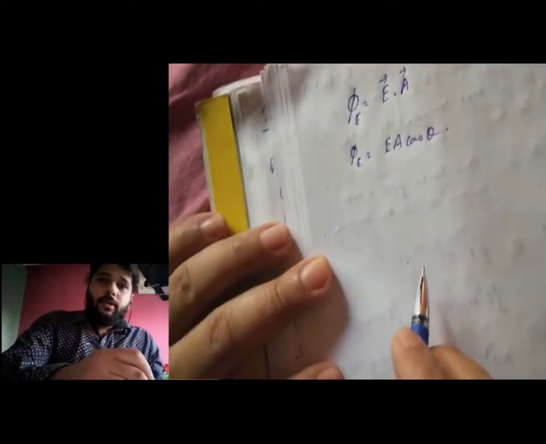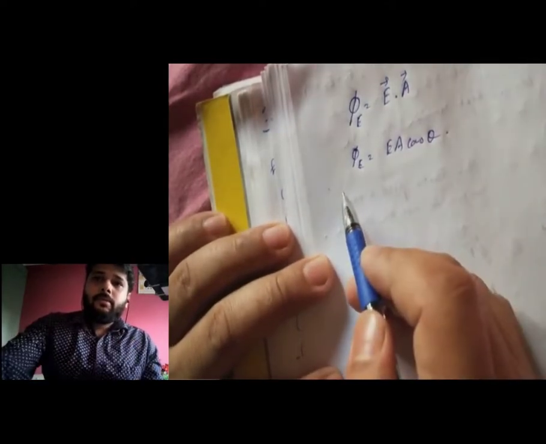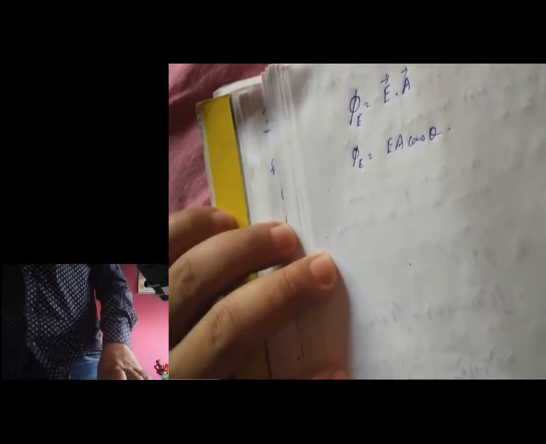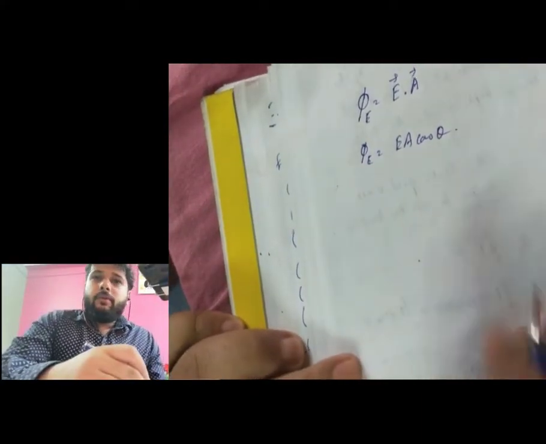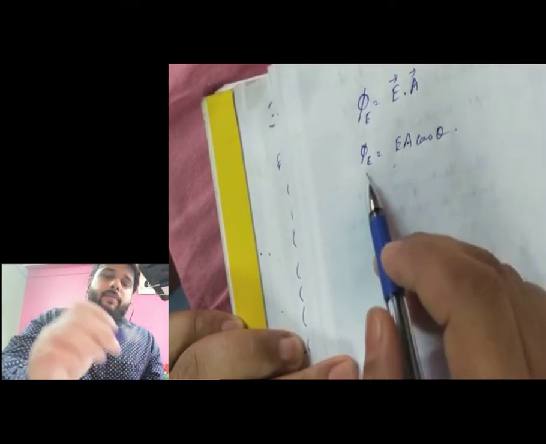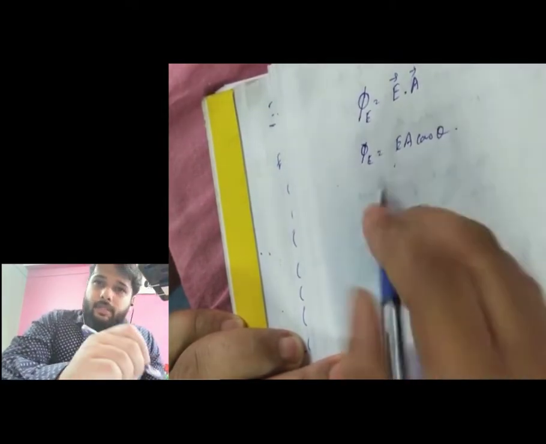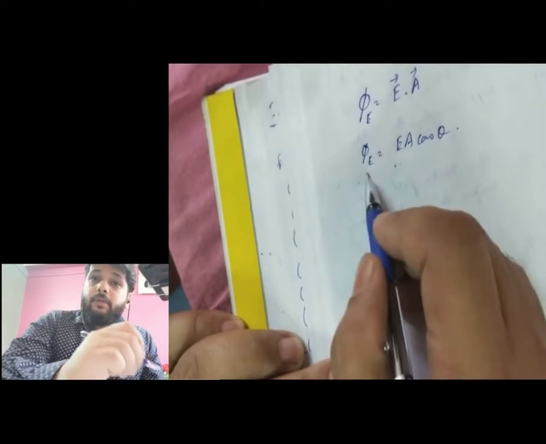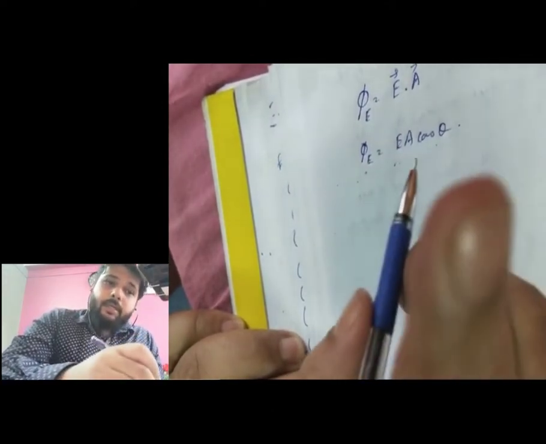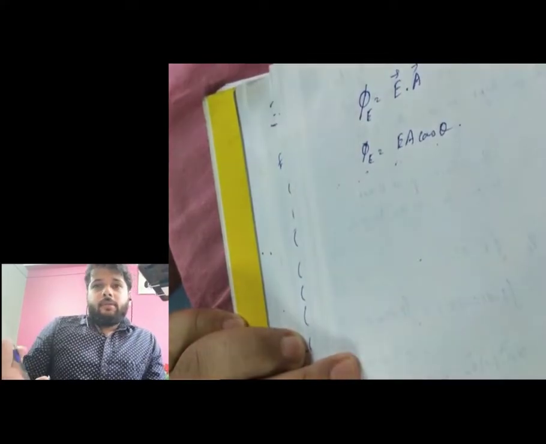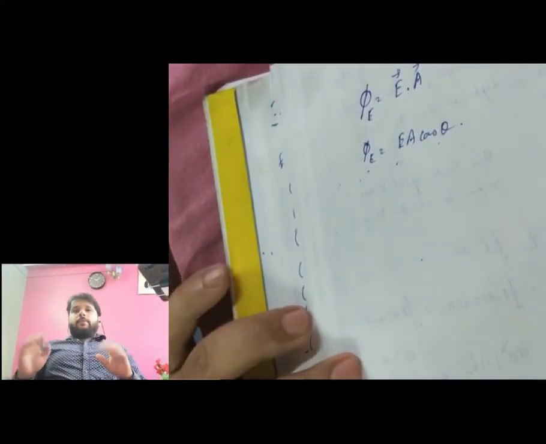So we have studied electric flux, that is EA cos theta. Electric flux is a scalar quantity, and it is always linked with a surface, and this theta is the angle between the area vector and the electric field. Keep these things very clear.